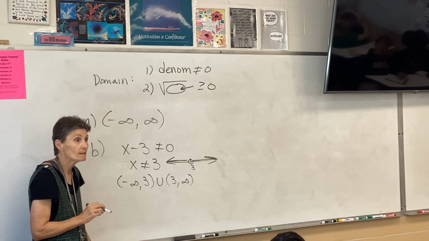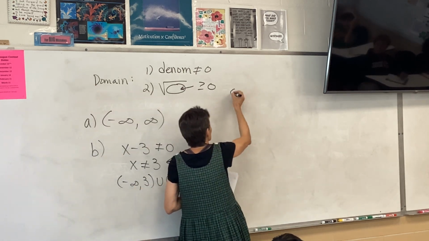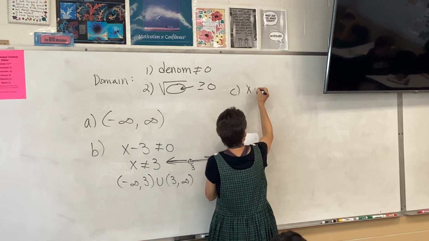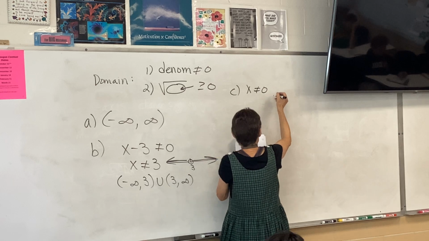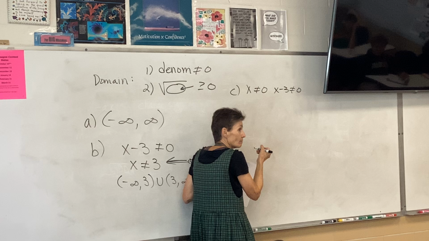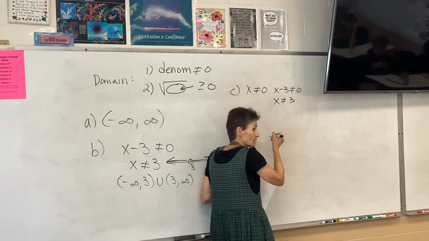Uh-oh, look at C. What's going on in C? We have 2 fractions. So x can't be 0, and x minus 3 can't be 0, which means x can't be 0 and x can't be 3.